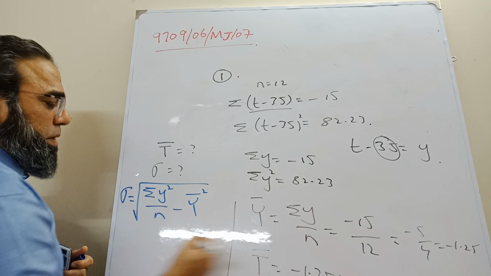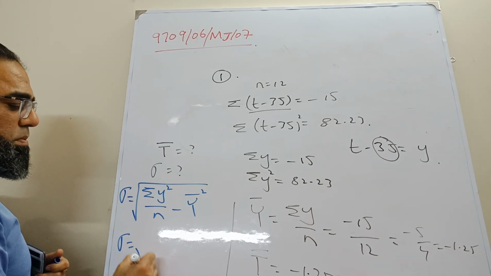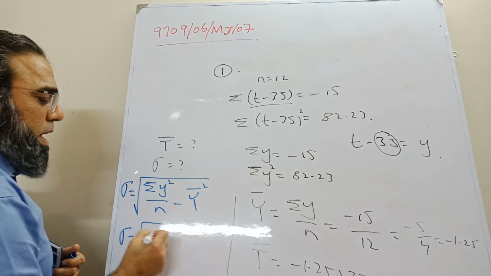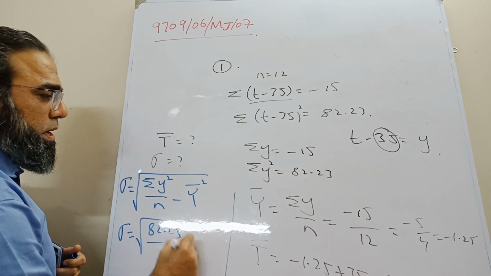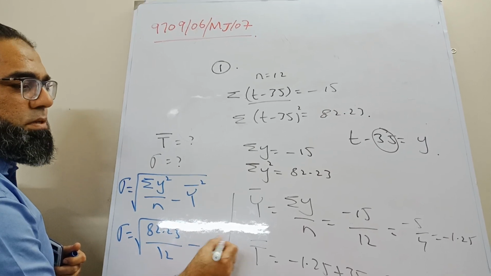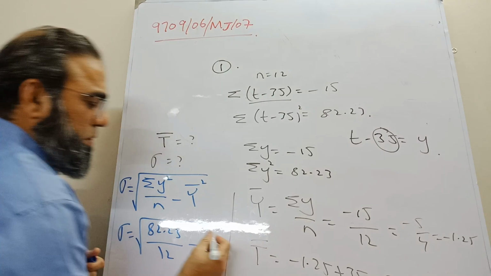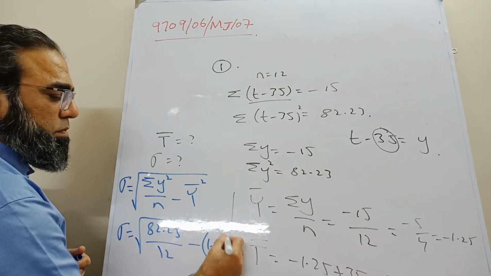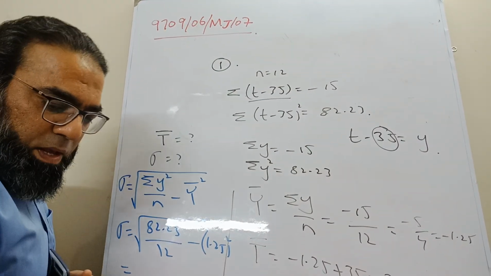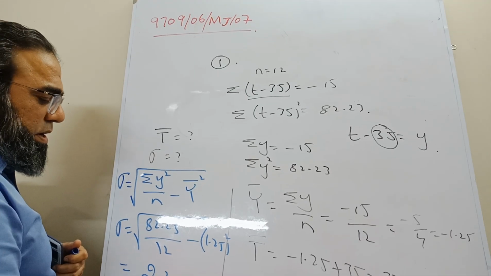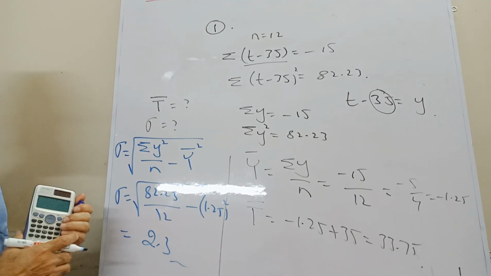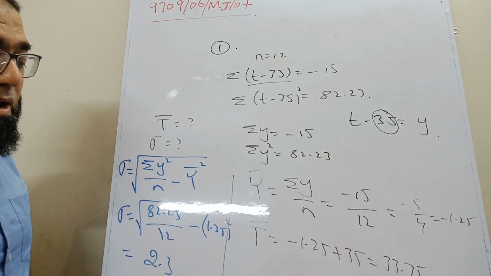So this standard deviation is going to be the square root of 82.23 over 12 minus this mean, minus 1.25 square, so this will give you I think something like 2.3 as the answer. Okay, so this was the first question.